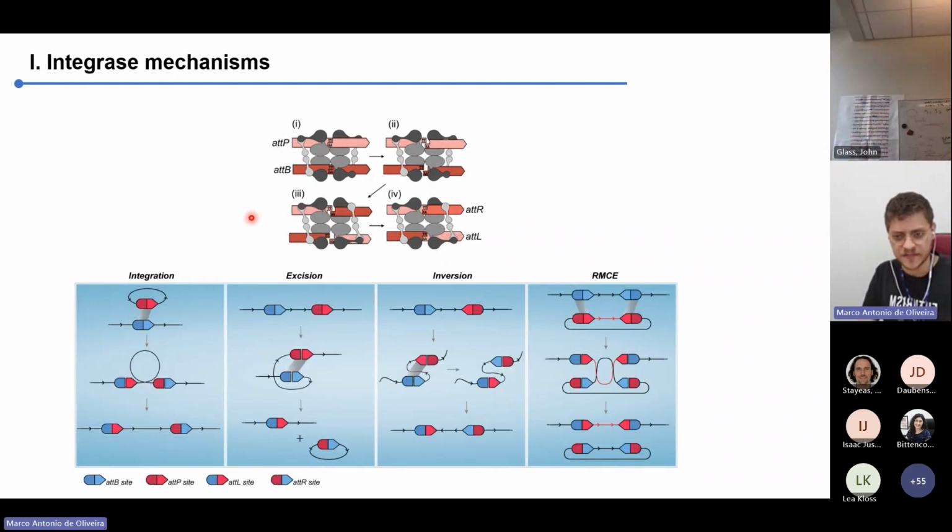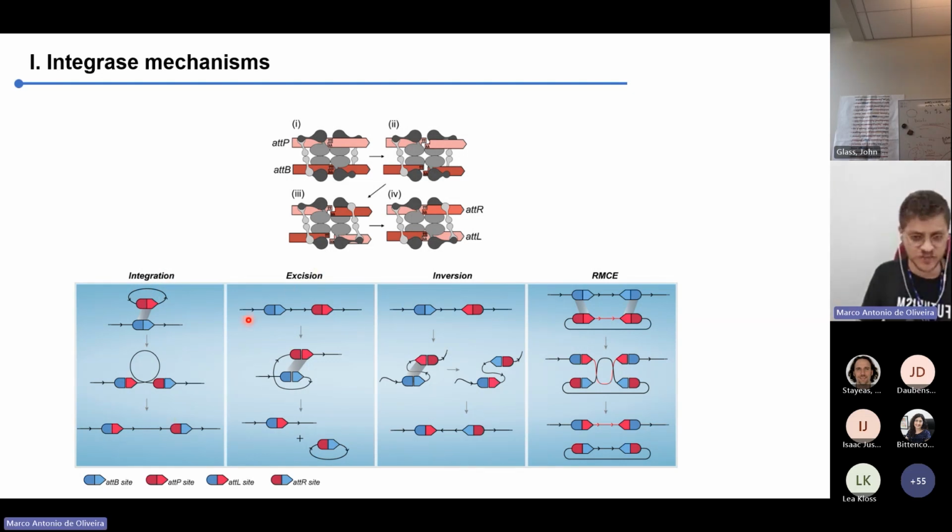The interesting thing about their mechanism is that depending on the way you design their attachment sites, you can have different outcomes. The main ones would be integration, when you have ATT B and P on different molecules. Upon their recombination, you have the integration of the circular external DNA into your main molecule, or a genome, for instance.